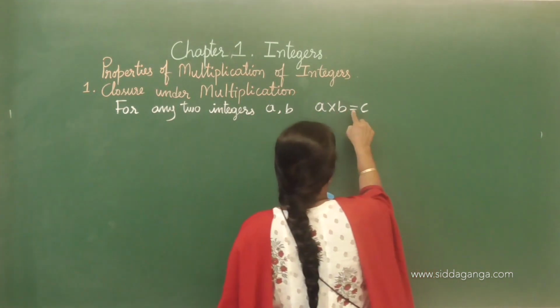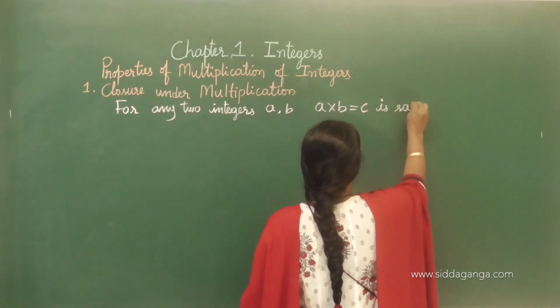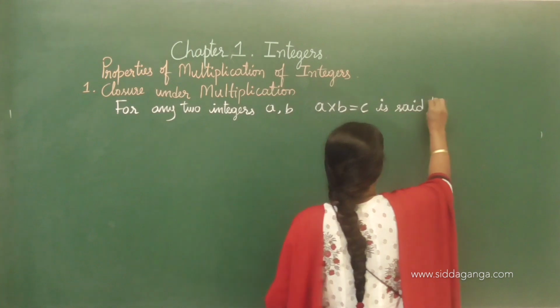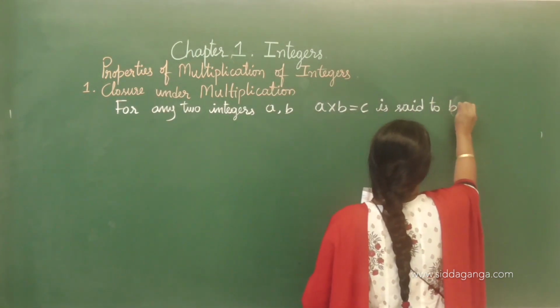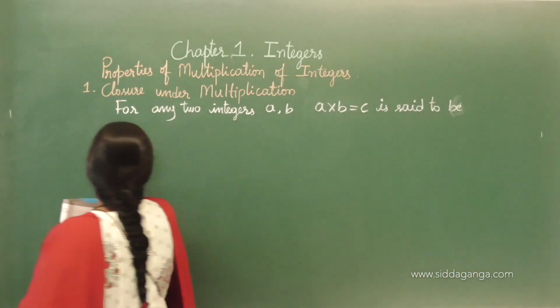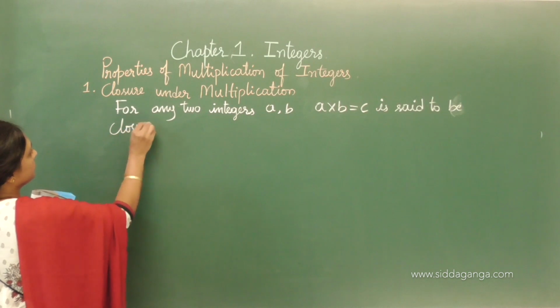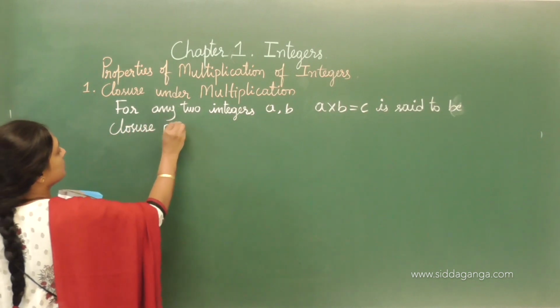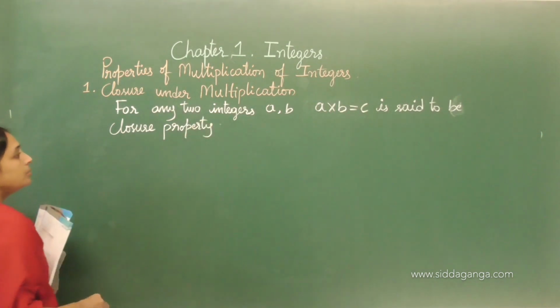A into b is equal to c is said to be the closure property for multiplication or under multiplication.